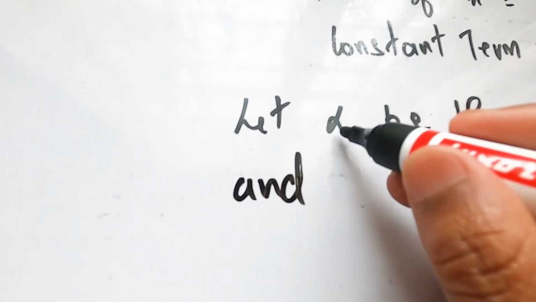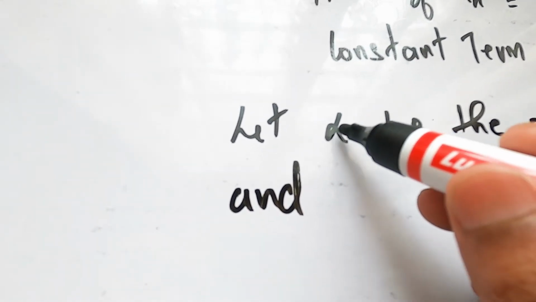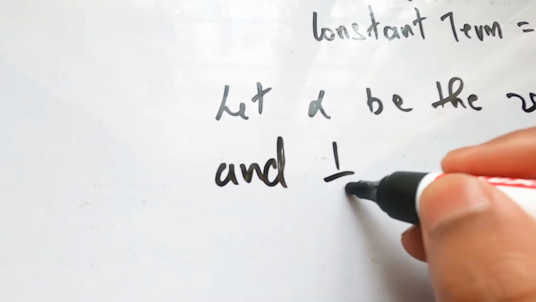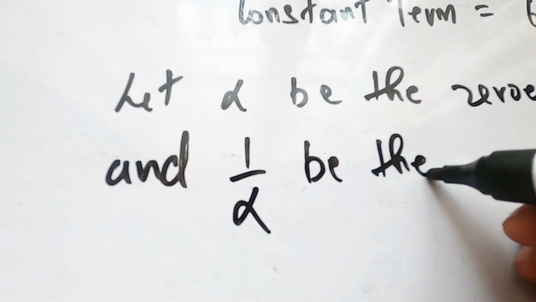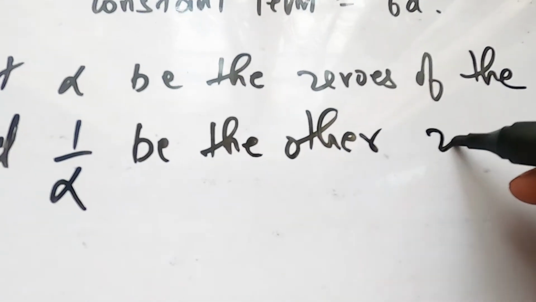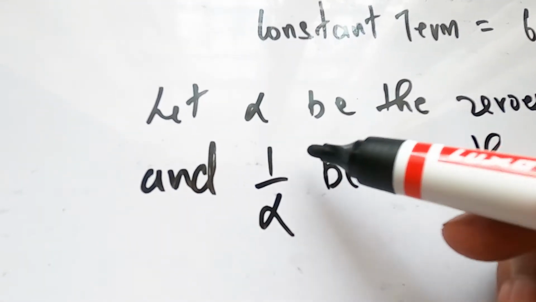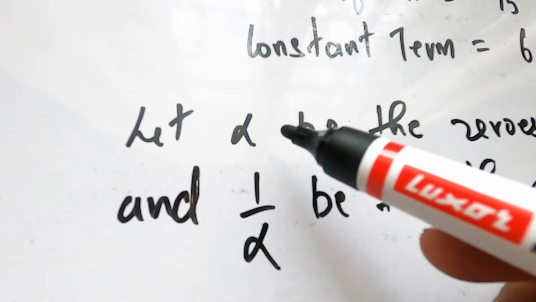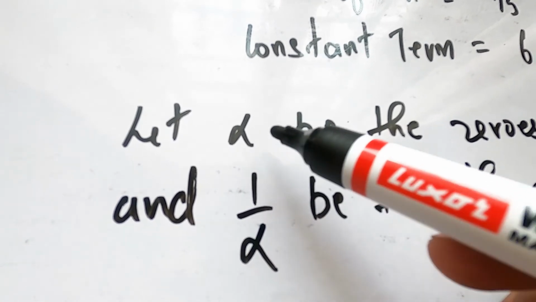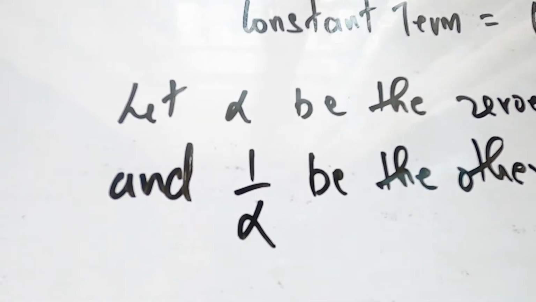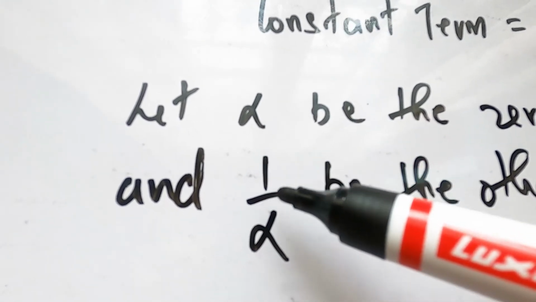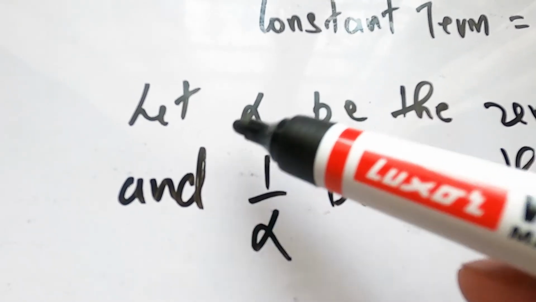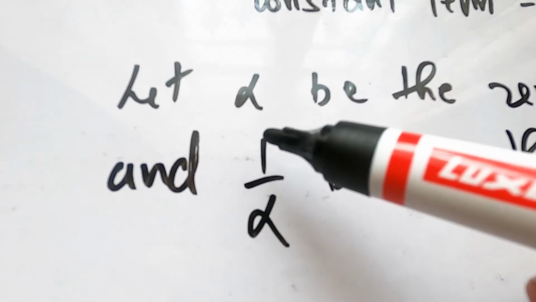So the other zero will be 1 by alpha, because the reciprocal of alpha will be 1 by alpha. All right, so is it clear? Why 1 by alpha? Because the first zero is alpha, so the reciprocal of alpha will be 1 by alpha.